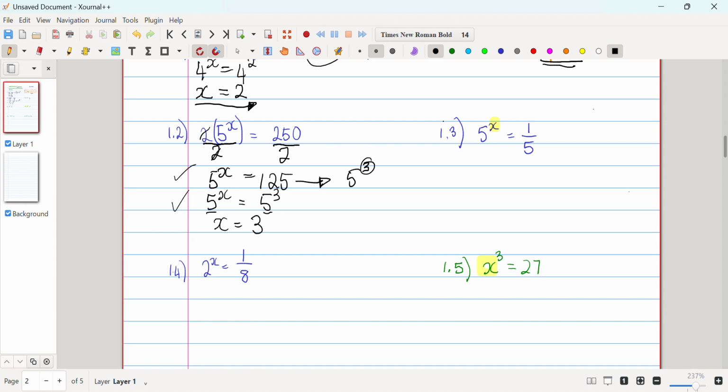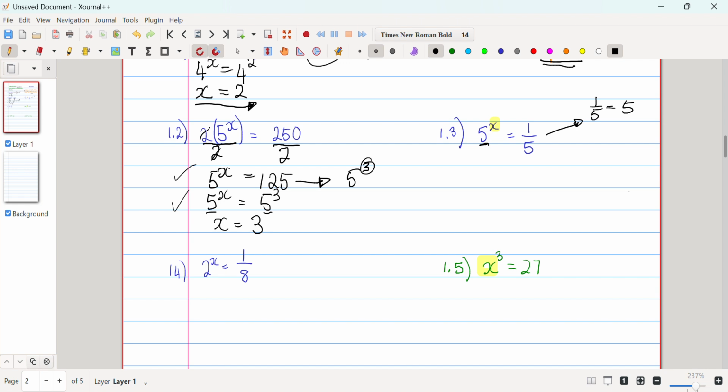Okay, let's have a look at question 1.3. In this case, guys, there is just one rule of exponents that is essential for this question. I already have my x part alone, like step 1 always says, and now step 2 is I need to write 1 over 5 with a base of 5.